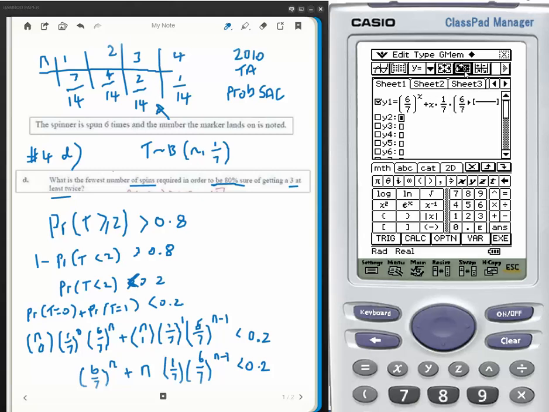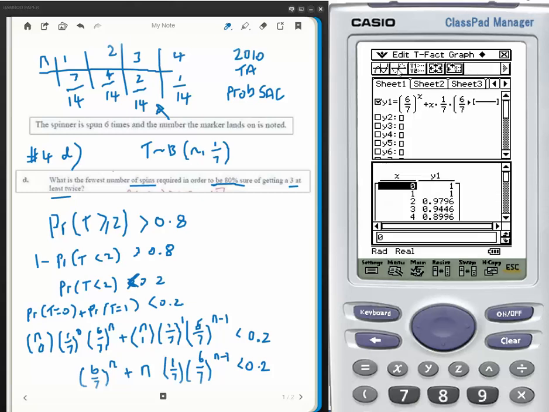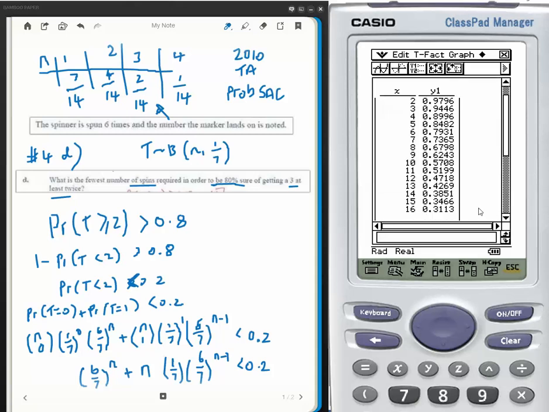I'm interested in looking at some table of values. I know it's 20, so how about I choose 30 where I end, and I'm going up by 1. Okay, and I look at this table of values. I'm looking for when does the probability get to less than 20%, and we're still above 20% there, but we're below 20% there, therefore 20 is the number of spins that I want.